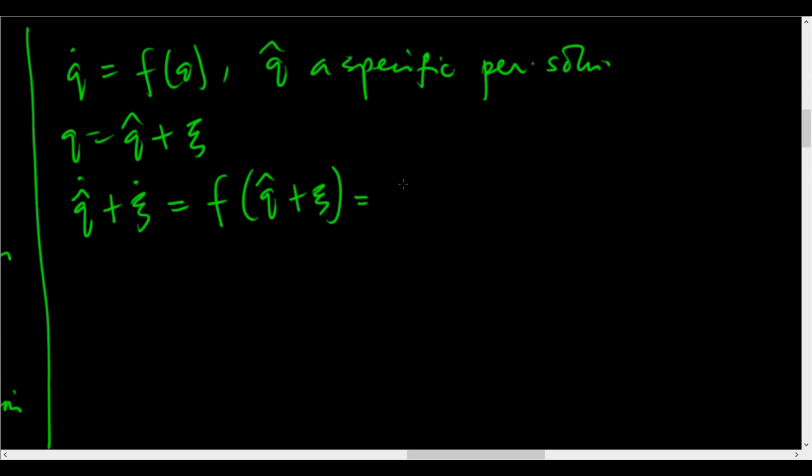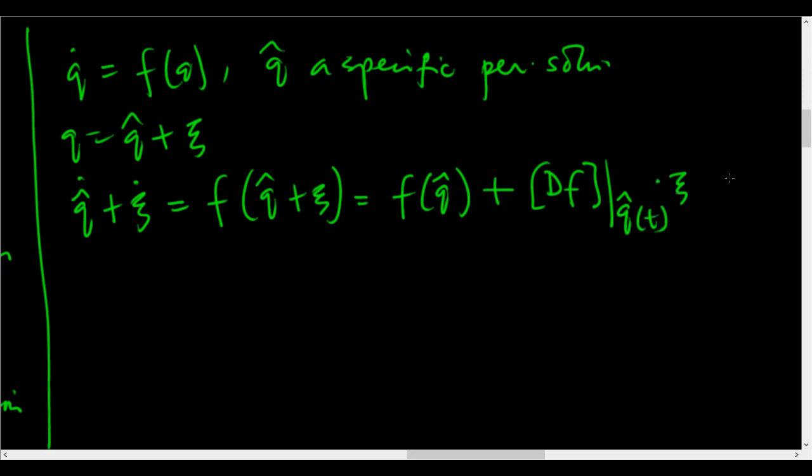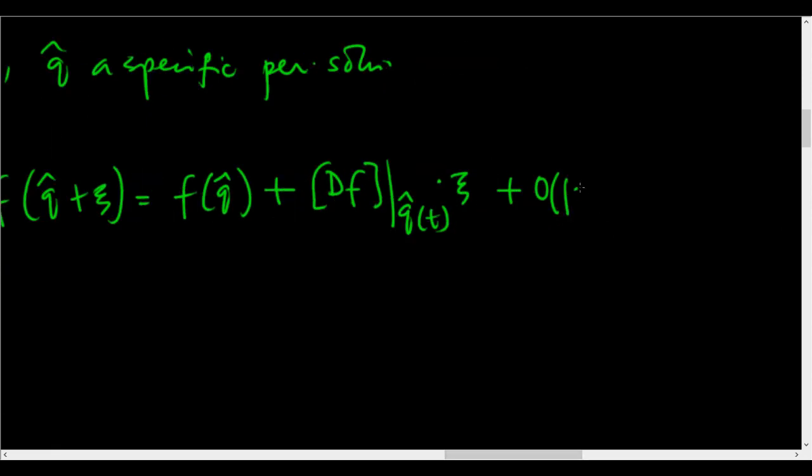This becomes f of q hat plus df evaluated on q hat, which is a function of time, times xi plus order norm xi squared. Okay, all right.